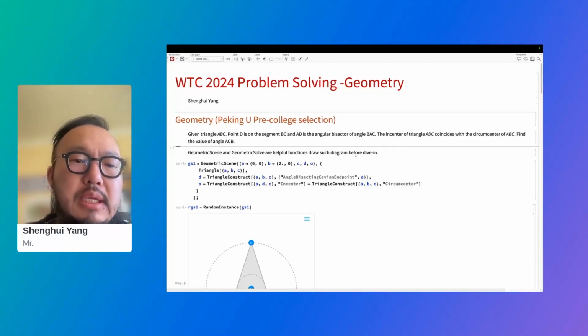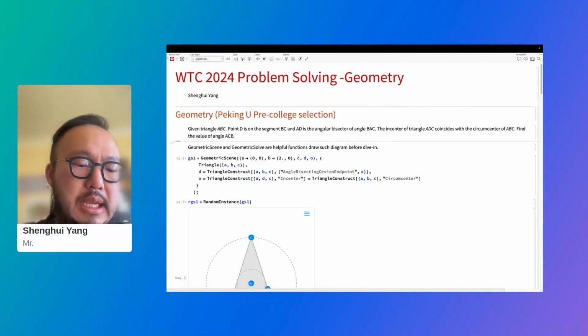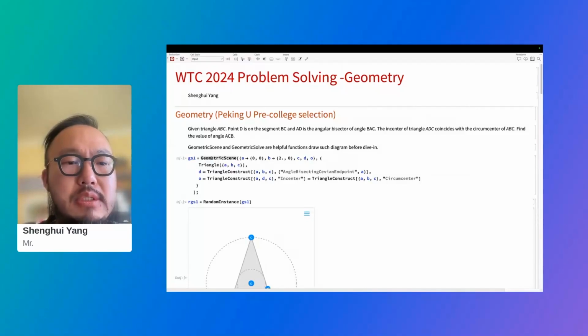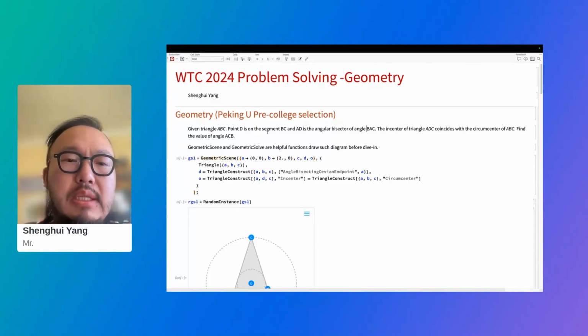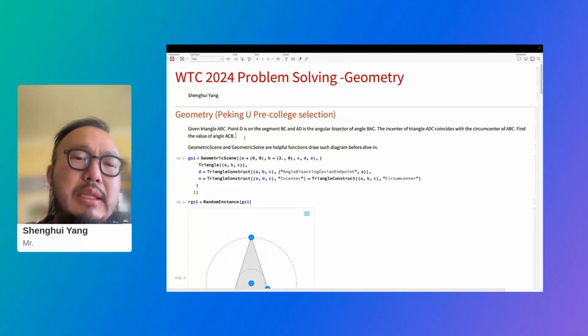The syntax here is basically like setting up a set of equations. In our case, we can just set A at the origin and B at some predefined coordinate on the x-axis. It just asks you for the angle, so really the size of the triangle doesn't matter.